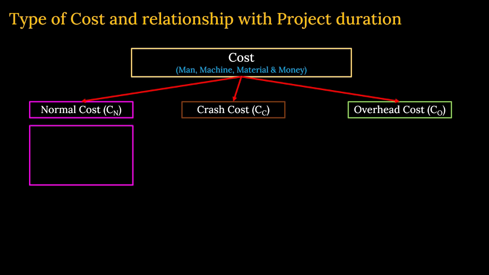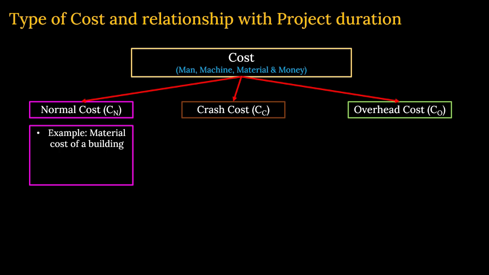What about the normal cost? Normal cost is to complete a project in a normal situation, whatever cost is required. Now, to complete a building, you may require, say, 10,000 bricks. I'm just giving you one example. Whether you are making that building or room today or after 2 months, the material will remain the same, always 10,000 bricks, because that is the requirement for completing a room or whatever project you are making.